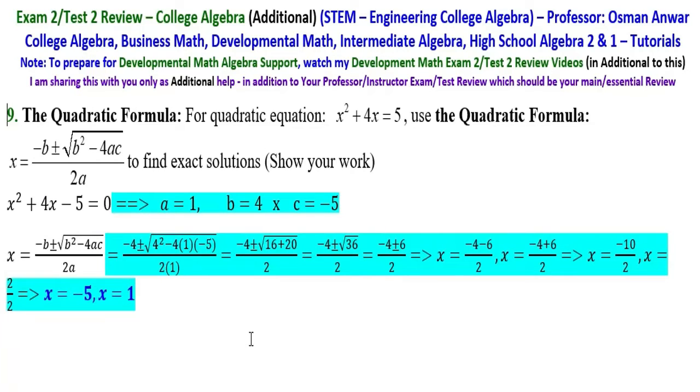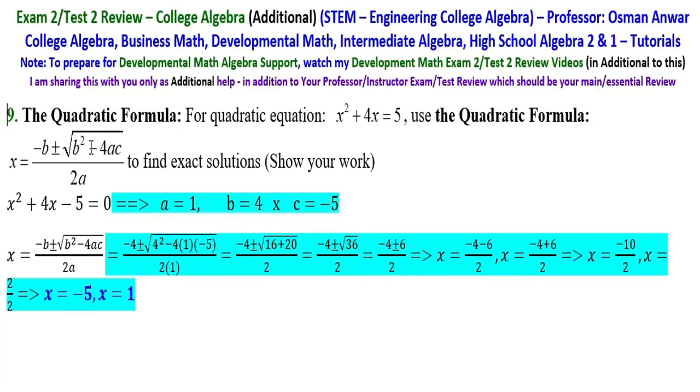Now solve the equation using the quadratic formula. The quadratic formula for quadratic equation x squared plus 4x equals 5. So the quadratic formula is x equals minus b plus or minus square root of b squared minus 4ac over 2a.